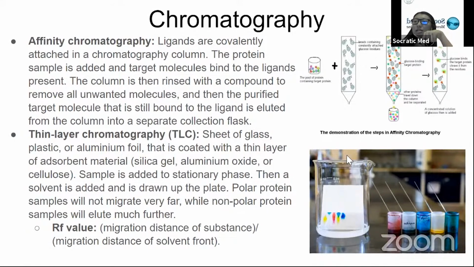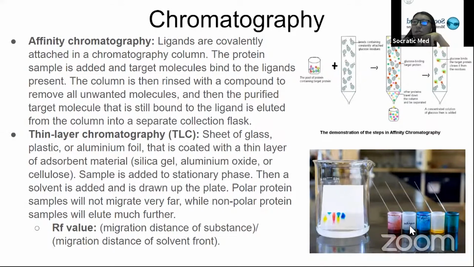Like you see in this image here, it's that stationary sheet. The sample is added to the stationary phase, and the solvent is in the beaker where you're dipping that paper, and the solvent gets drawn up the plate. It usually moves upwards.